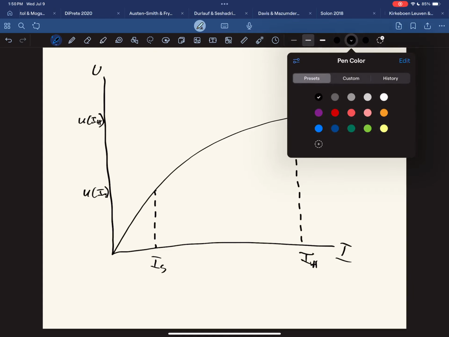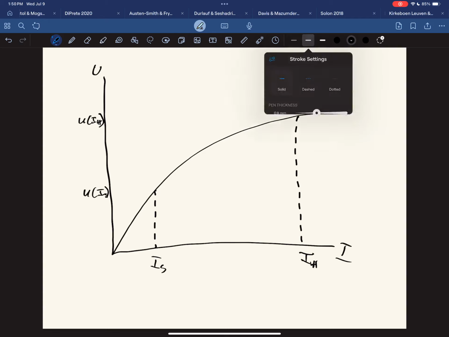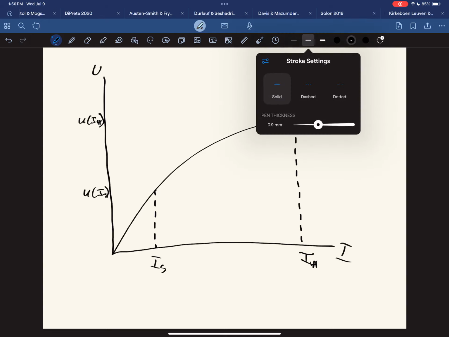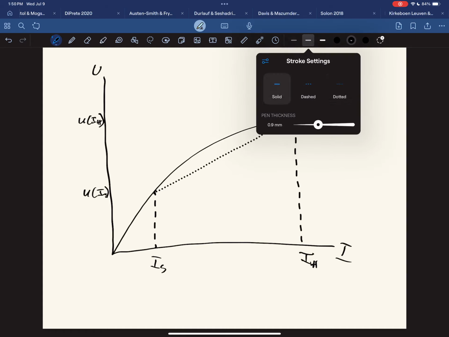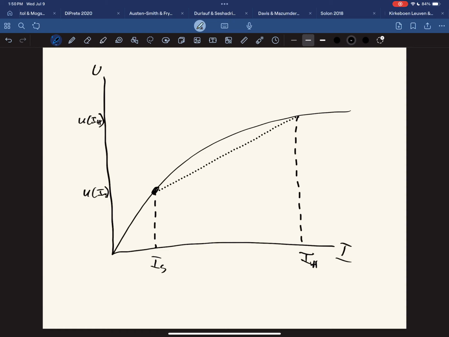If I draw a straight line connecting these two points, you'll notice that it lies below my utility curve.